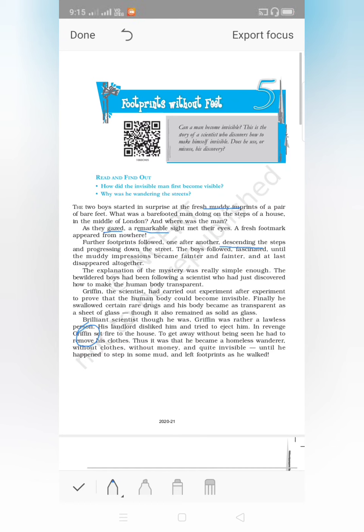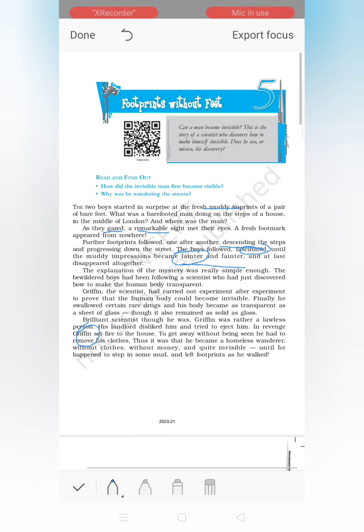Progressing means move forward. Fascinated means strongly attracted and interested. Fainter and fainter: fainter means barely perceptible. Bewildered means very puzzled. Eject means to leave a place, compelled to leave a place. So, now let's start the lesson.